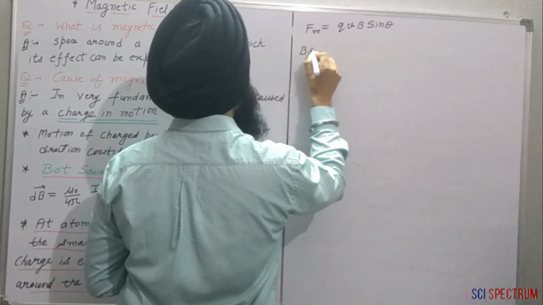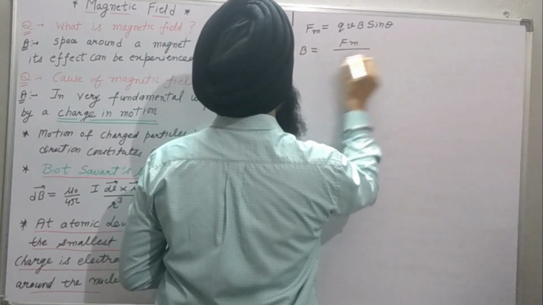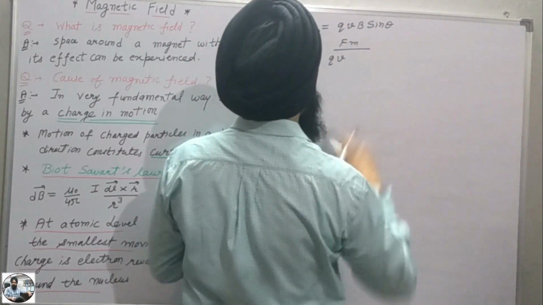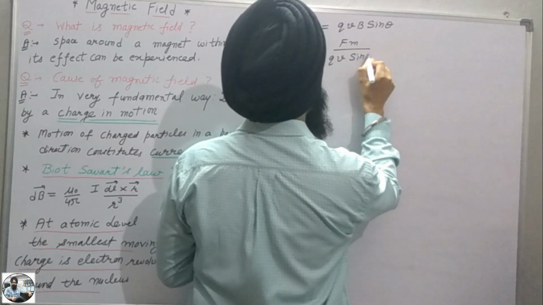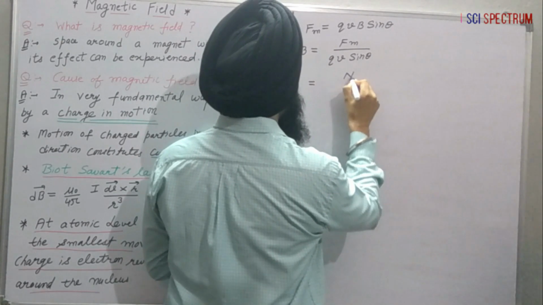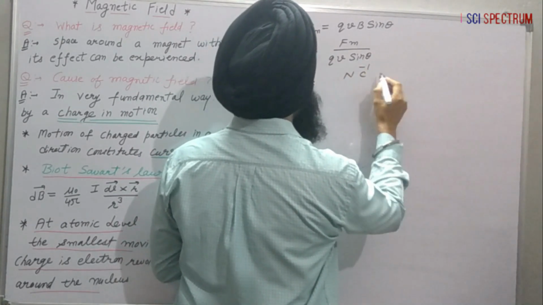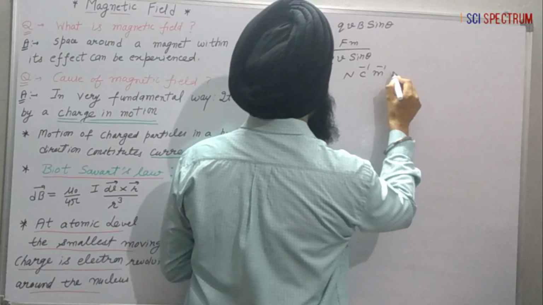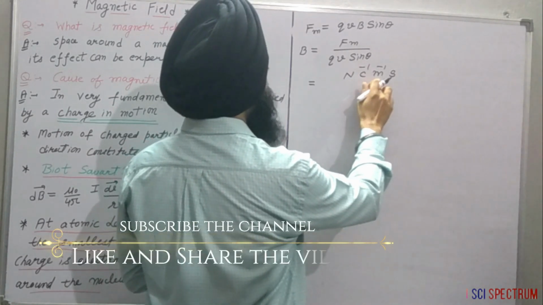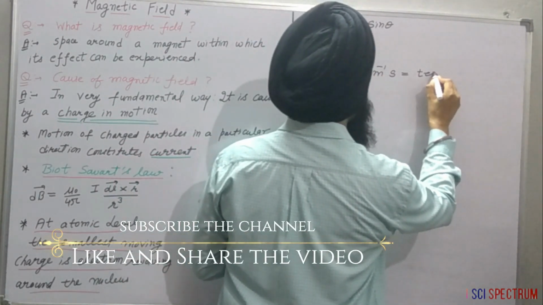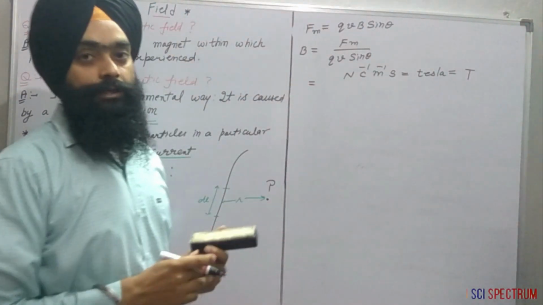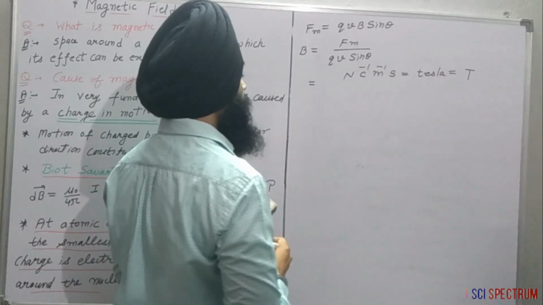If I keep B on one side and take the other quantities on the other side, we can write B equals Fm upon QV sine theta. Since theta is a dimensionless quantity, from here we can calculate the units: Newton per coulomb per meter per second, which is called Tesla, represented by capital T. So these are the units of the magnetic field.